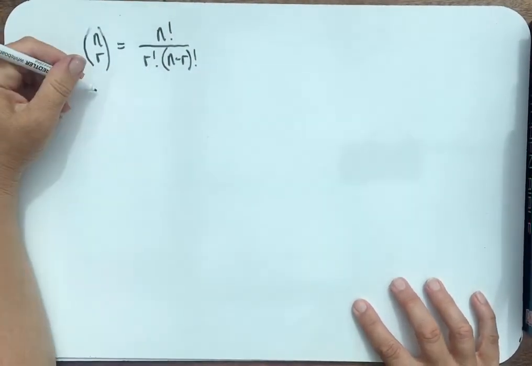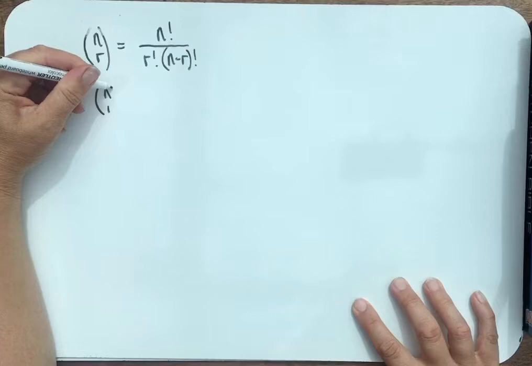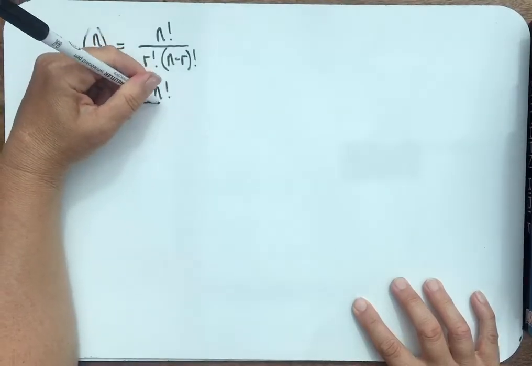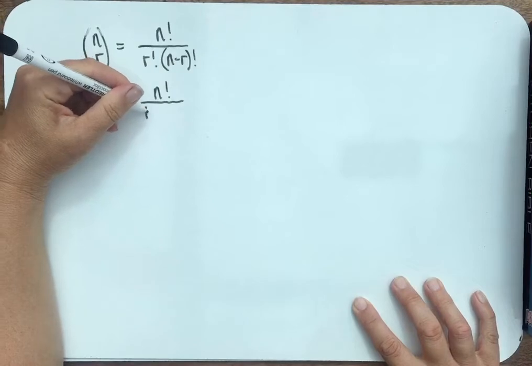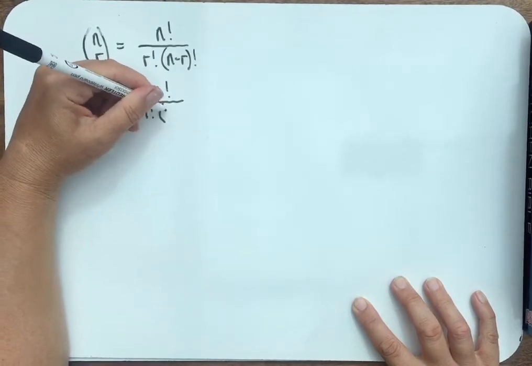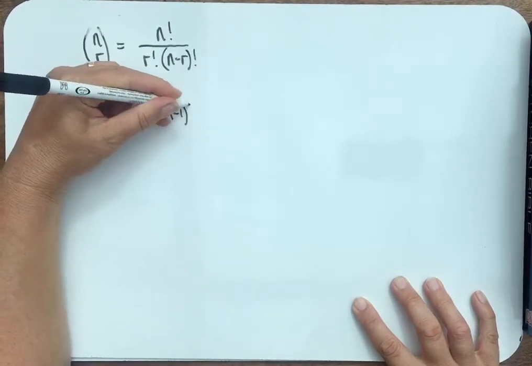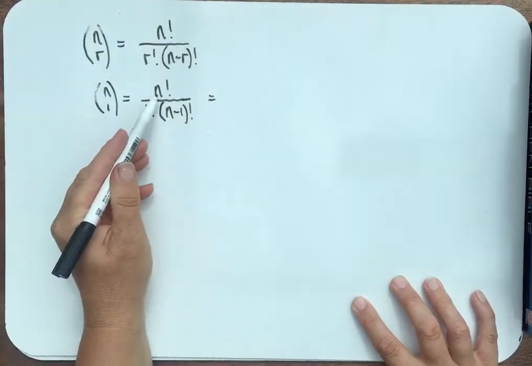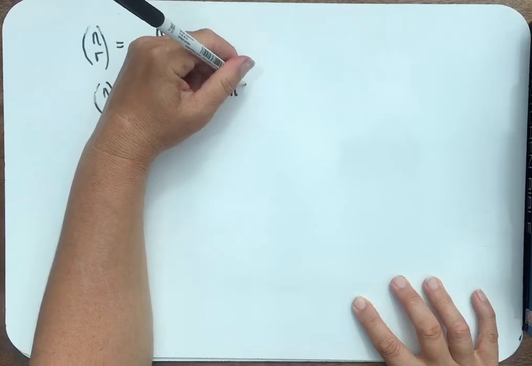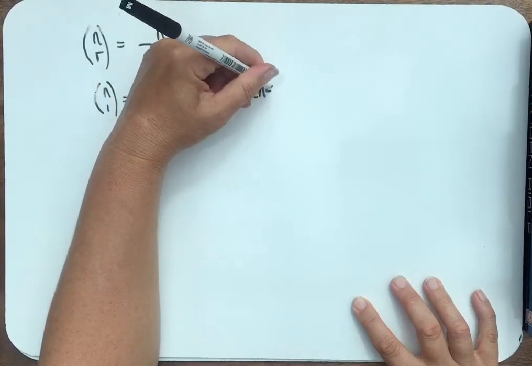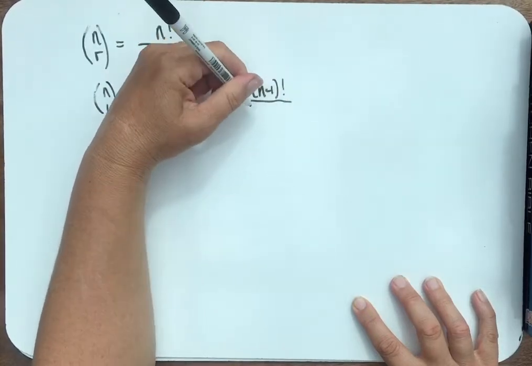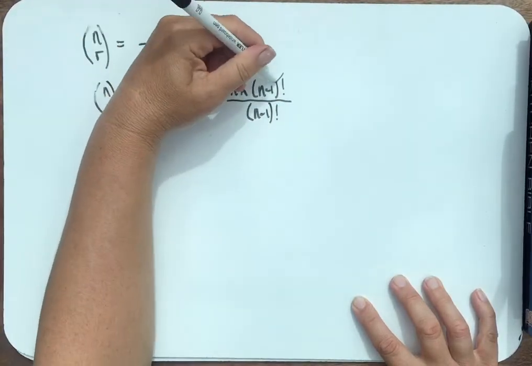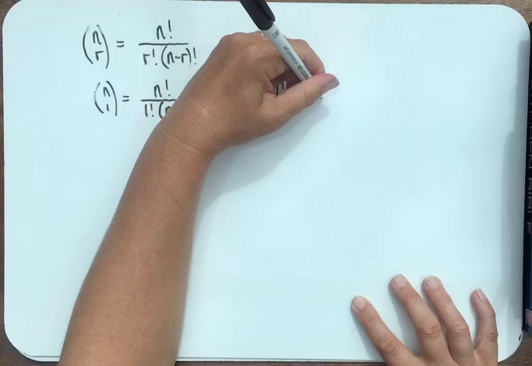So it follows that n choose 1 is n factorial over 1 factorial times (n minus 1) factorial, and this, the top, is equal to n times (n minus 1) factorial over (n minus 1) factorial. They cancel off and they leave you with n.